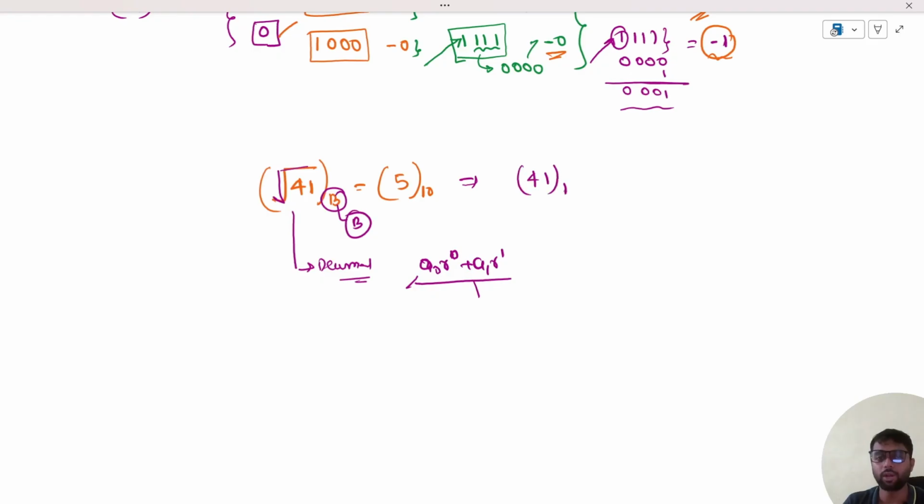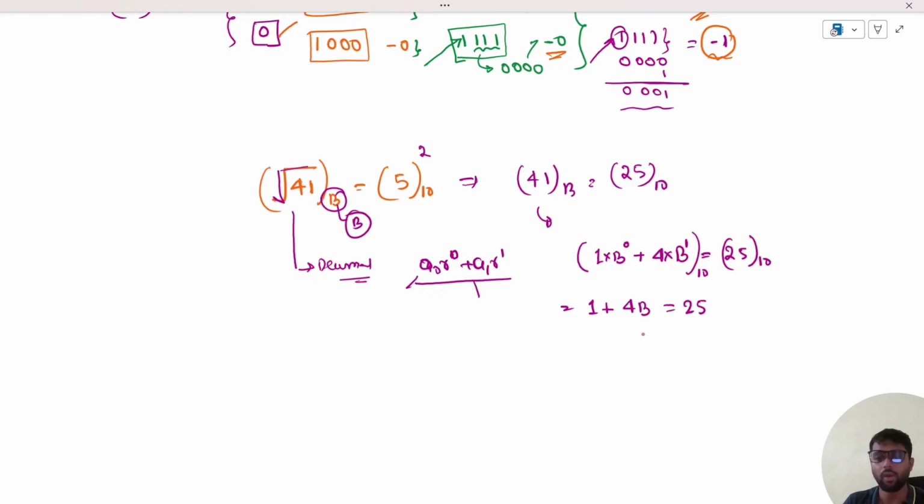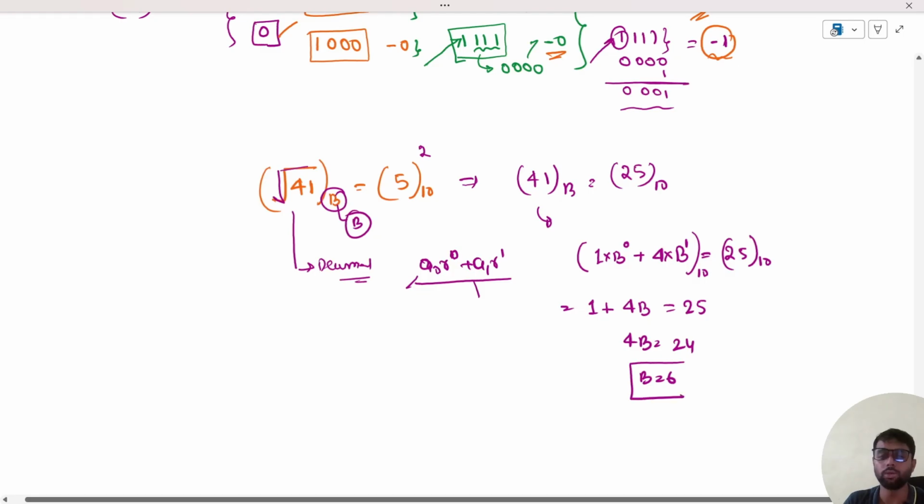So we have 41 base b is nothing but 25 base 10, the square of 5 being 25. Now converting this into decimal, we have 1 into base raised to the power 0 plus 4 into base raised to the power 1. This is nothing but 25. Now this is base 10 and this is base 10. So we have 1 plus 4b is equal to 25, 4b is equal to 24, and from here we get b equal to 6.